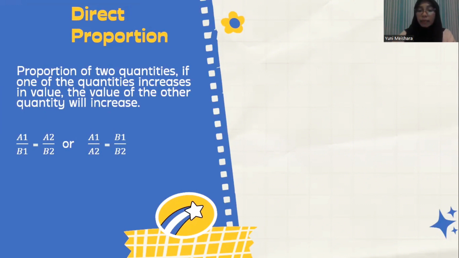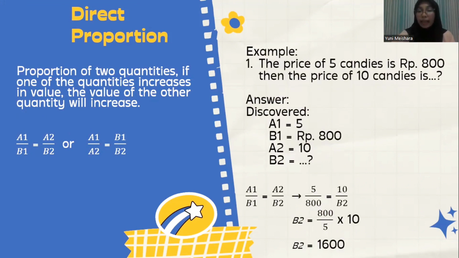A1 divided by B1 equals A2 divided by B2, or A1 divided by A2 equals B1 divided by B2. Okay, next example. The price of 5 candies is 800. Then the price of 10 candies is to be found.